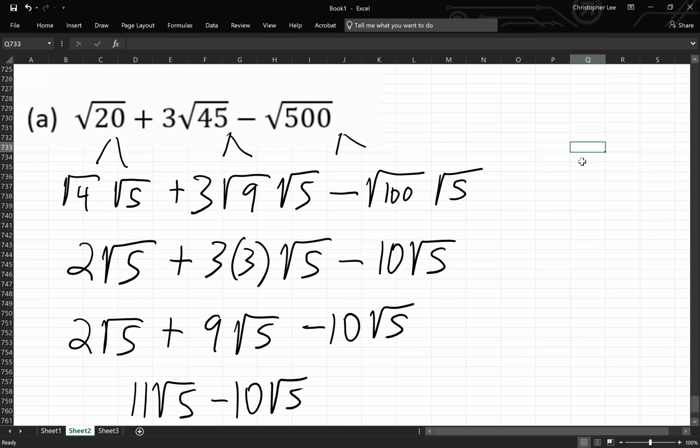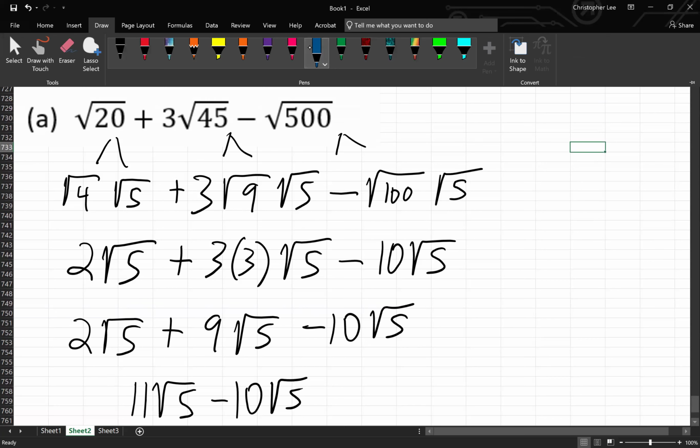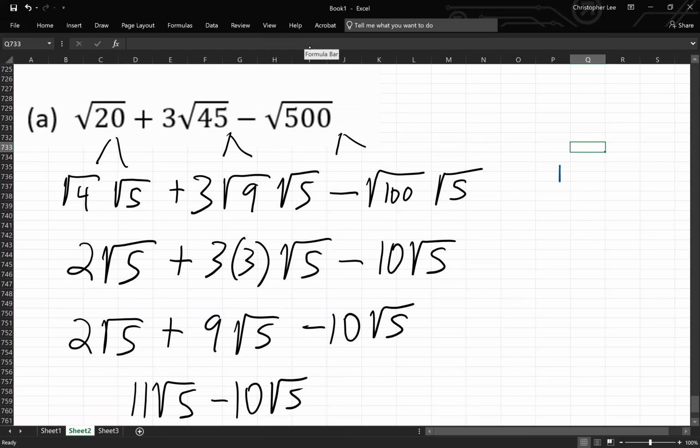And here's how I get them real quick. 1 squared is 1, 2 squared is 4, 3 squared is 9, 4 squared is 16, etc. You get the idea, right?